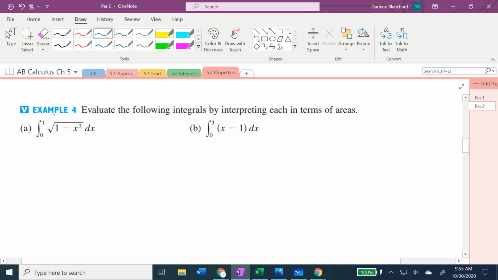So this integrand, you may not recognize it, but what I want all of you to do is write down y equals that function. Then play with that. Play with the algebra on that and tell me if you realize what shape it is.